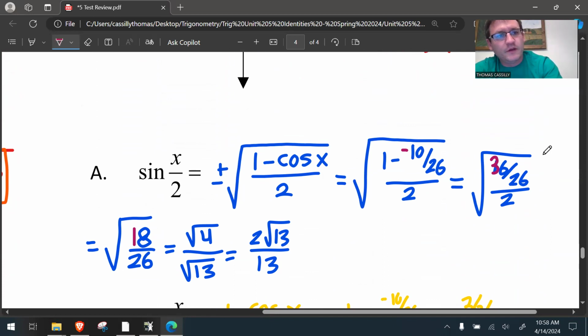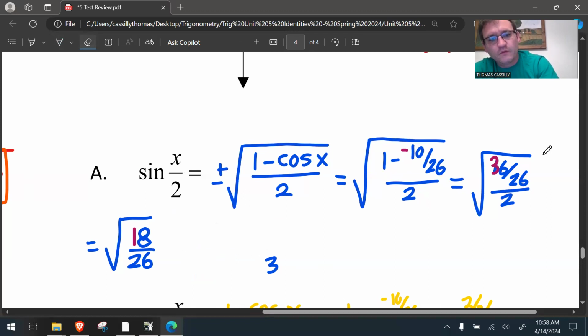So I need to erase this. This is no good. Which gives us, let's just reduce that fraction, 9/13.